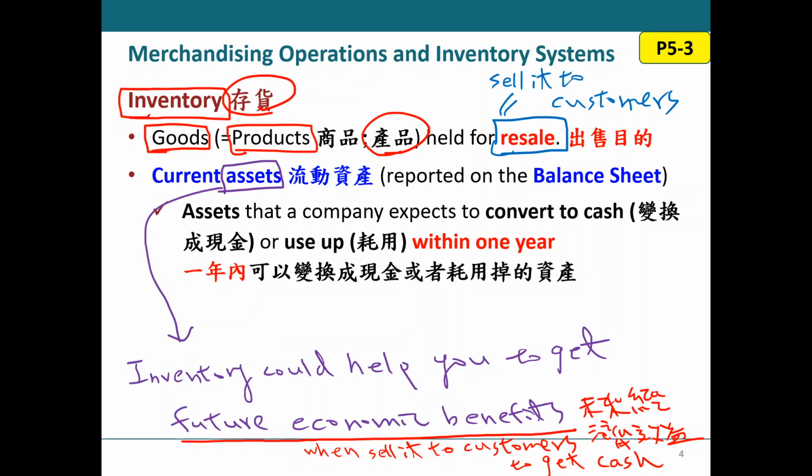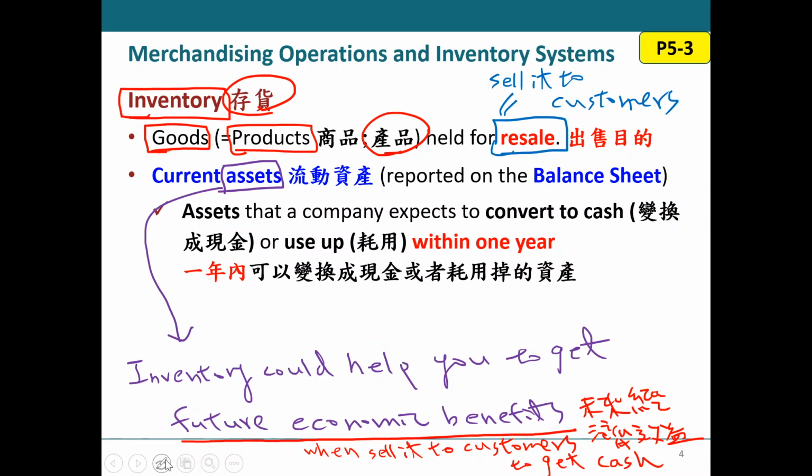And for the assets, here it tells you it is a current asset, 流动资产. So what does current mean? Current means within 1 year. You will get the benefit within 1 year. We call it current.